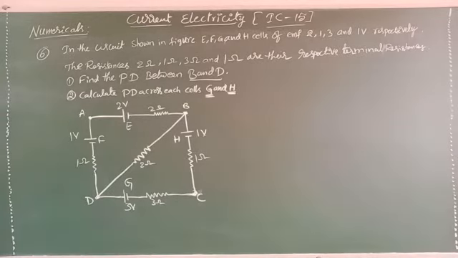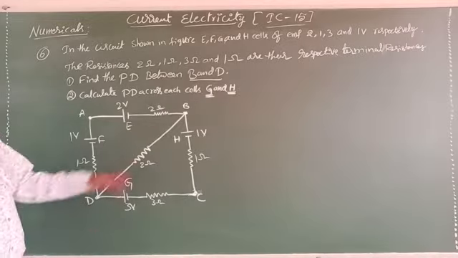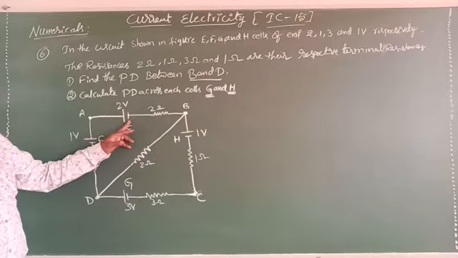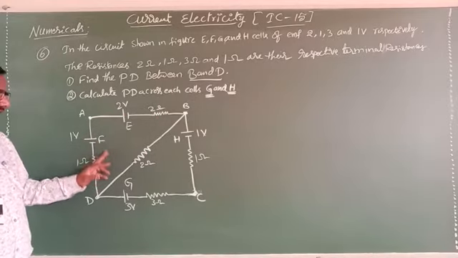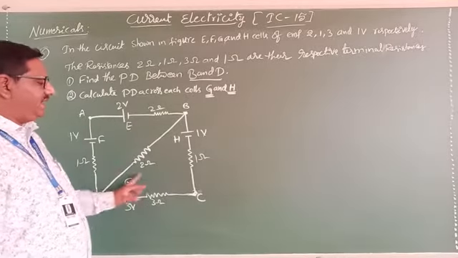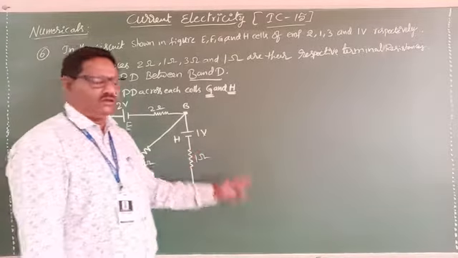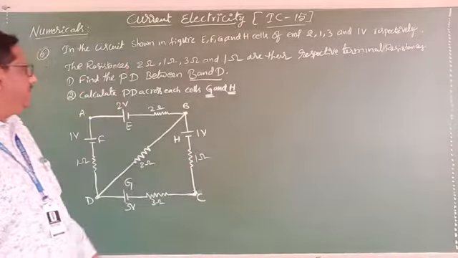Okay, respectively. The resistances are 2 ohm at E battery, 1 ohm at F battery, 3 ohm at G battery, and 1 ohm at H battery. Okay, that only is given here.